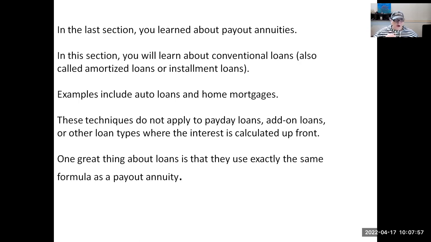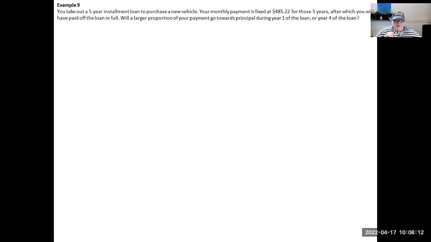Okay. So one great thing about loans is that they use exactly the same formula as a payout annuity. So you're not having to learn a new formula. You're just going to have to learn that the concepts are a little bit reversed. Bear with me. So let's talk about it. You take out a 5-year installment loan to purchase a new vehicle. So it's just an auto loan.